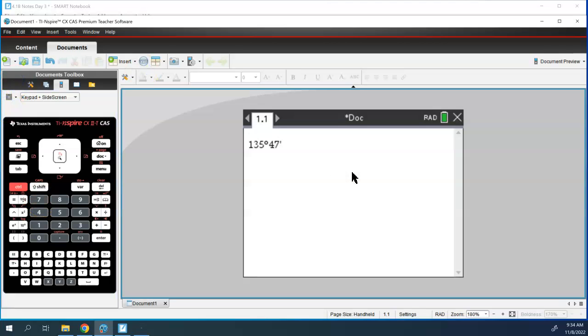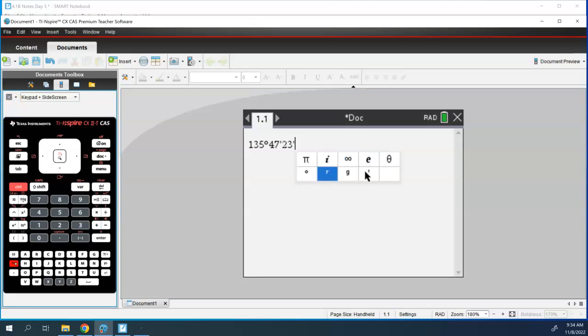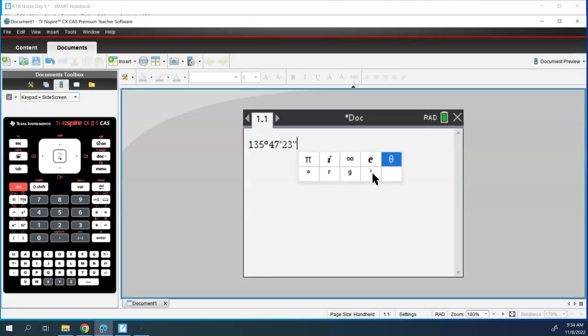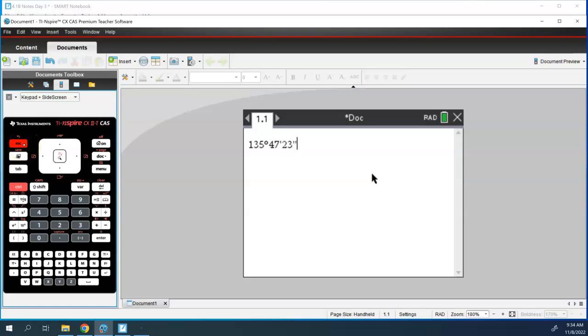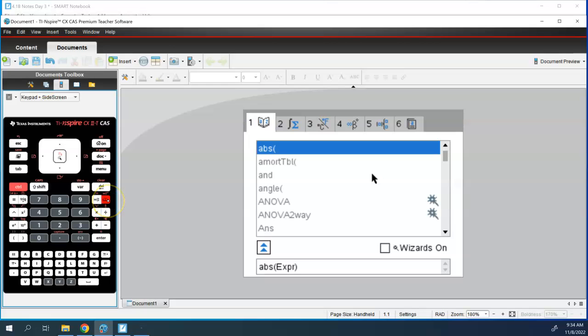I'm getting the degrees and the minutes from this pi key down here, and 23 seconds. And then the calculator's got this little booklet thing right here, with all these different things that you can do.